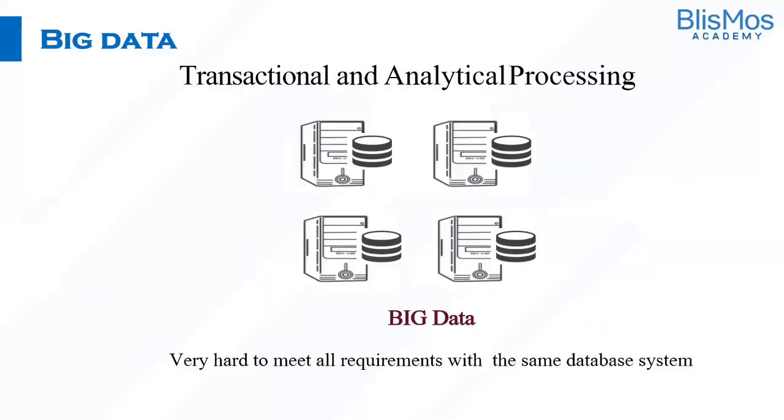On the other hand, when we have huge amount of data, it's very difficult to meet all these requirements with the same data system. When I say all the requirements of the transactional processing and analytical processing cannot be achieved in the same database system in case of big data. Why is that?